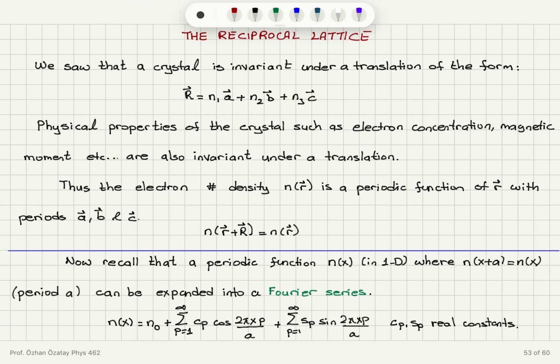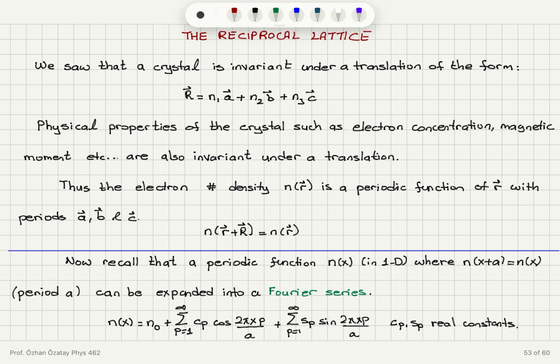Well, the electron concentration, magnetic moment, etc., these are also periodic within the crystal, and they are invariant under a lattice translation. So if you go from one lattice point to another lattice point using this lattice translation vector, we will find the same electron concentration, same magnetic moment, etc. So the electron number density, n of r, is a periodic function of the position vector r with periods a, b, and c.